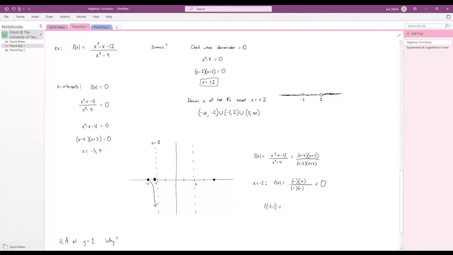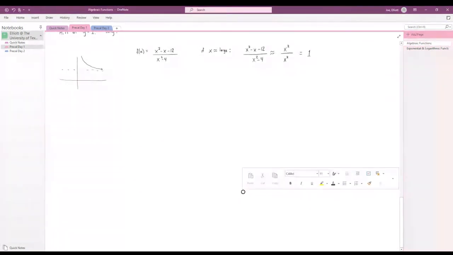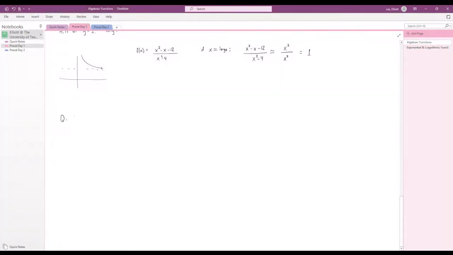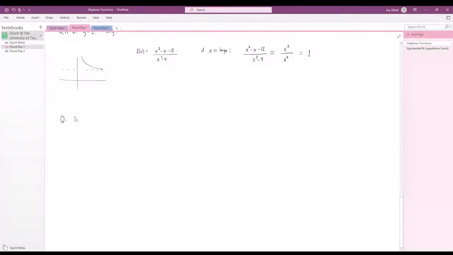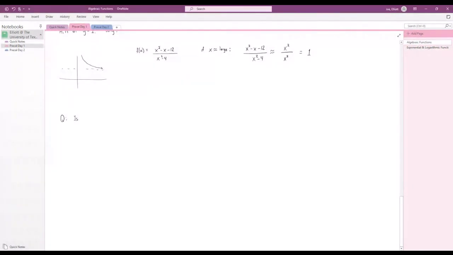is it always the case that if your denominator is 0, you're going to have a vertical asymptote? I want to say no. Does anyone disagree with that?